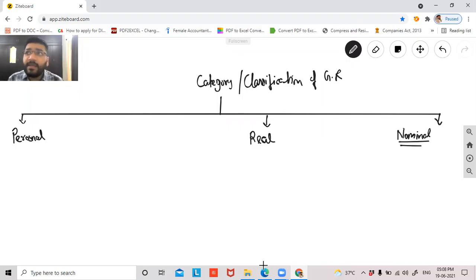To put in other words, guys, if in any business financial transaction you come across any account which has got the flavor, the smell of income, gain, expense, and loss, that will belong to nominal category. To be very precise, all the accounts that come under trading and P&L account, all the items that come under trading and P&L account, will fit under nominal category, right?